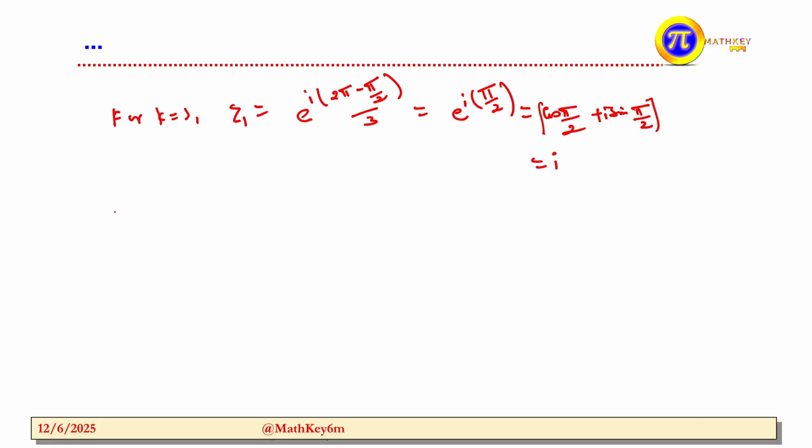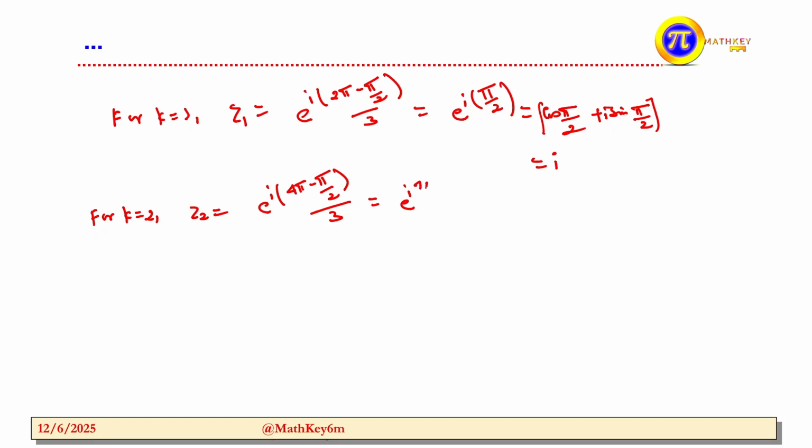Similarly, for k equals 2, z2 equals e to the power of i times (2 times 2, that is 4 pi, minus pi over 2) divided by 3. The result equals e to the power of i times 8 pi minus pi, that's 7 pi over 2, divided by 3.